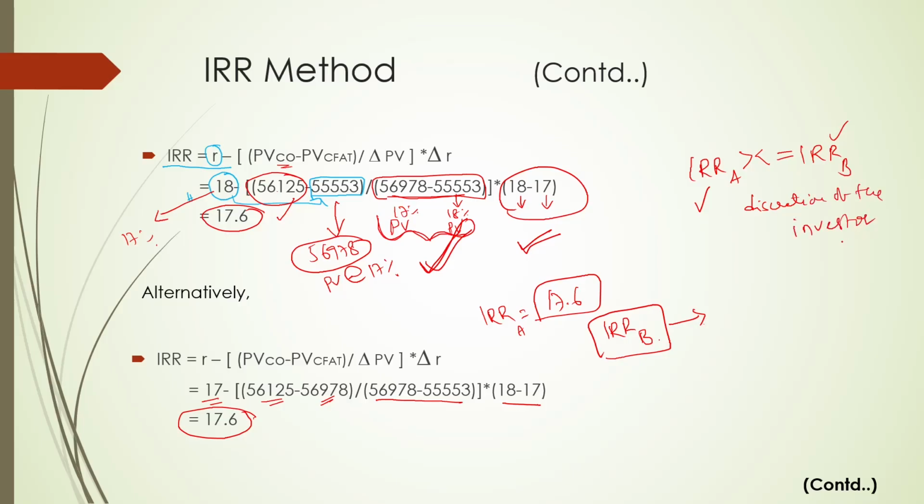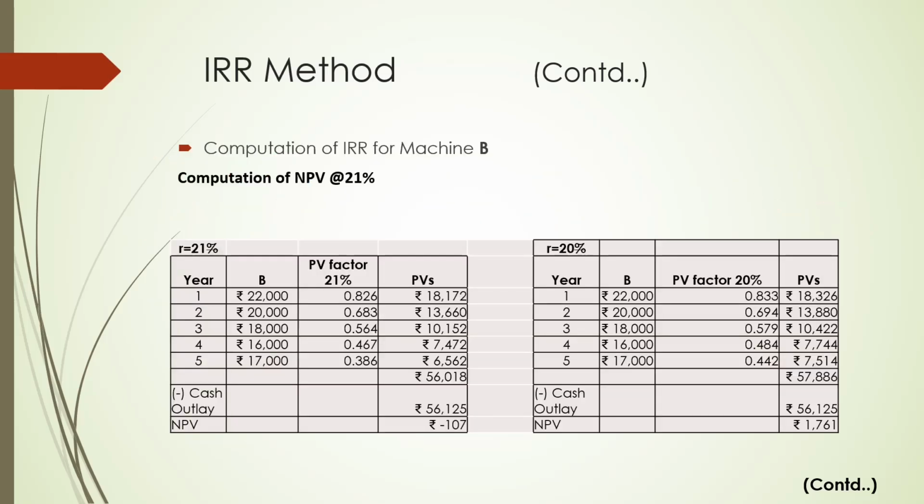Okay. Now, let us calculate the IRR of B. So, directly we have taken 21%. There is no compulsion that a certain rate must be taken. So, tentatively, let us assume 21%. Generally, you can start with 12%, 15%, or 18%.